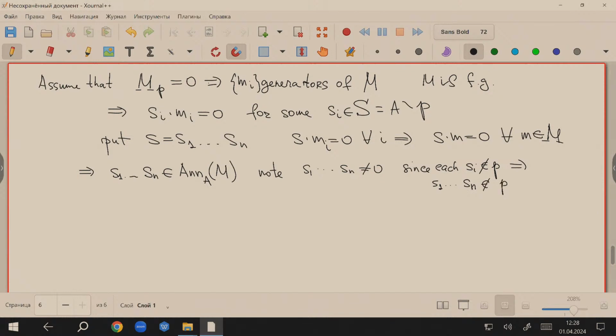So we have found a non-trivial element that is not in P, so we found s that doesn't belong to P, and s is inside the annihilator. So P doesn't contain the annihilator.